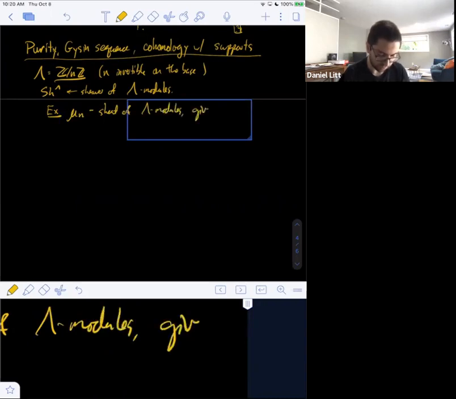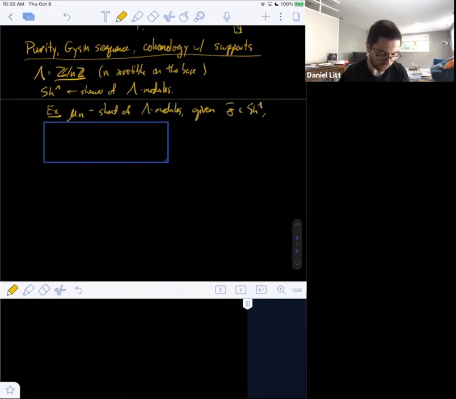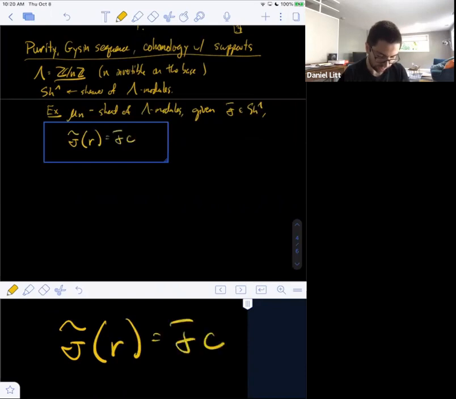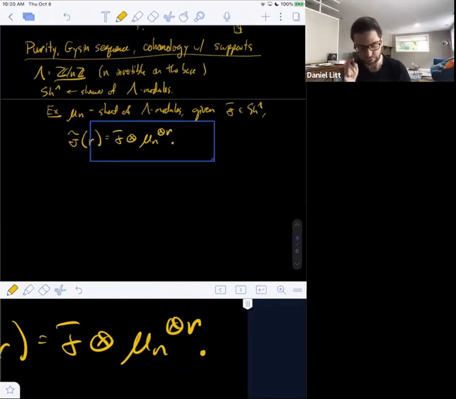And given a sheaf F, I'm going to denote F twisted by R to be F tensored with the sheaf mu n to the tensor power R, where this tensoring is over lambda.